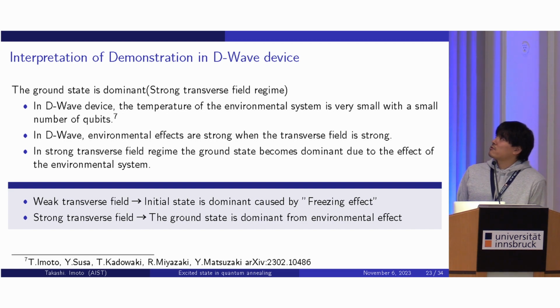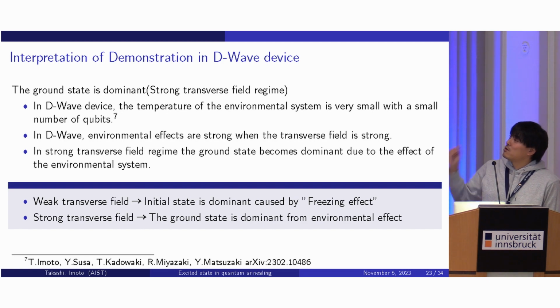So this fact is referred to in the next slide in detail. And finally, in the strong transverse field regime, the ground state becomes dominant due to the effect of the environmental system.